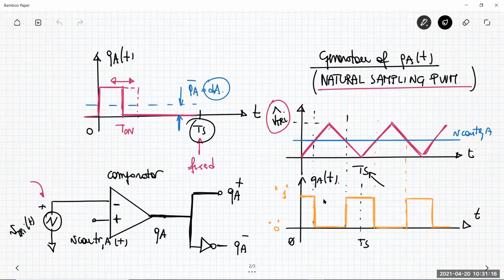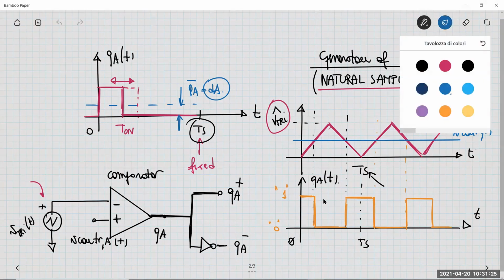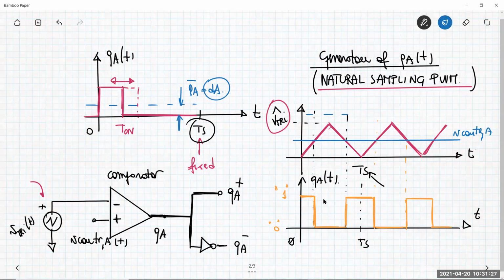So what does it mean? That the control voltage cannot be less than 0, or cannot be higher than the triangular peak. If the control voltage is something like this, what happens? You have no comparison. The unit switching function is always 1, so it is constant.